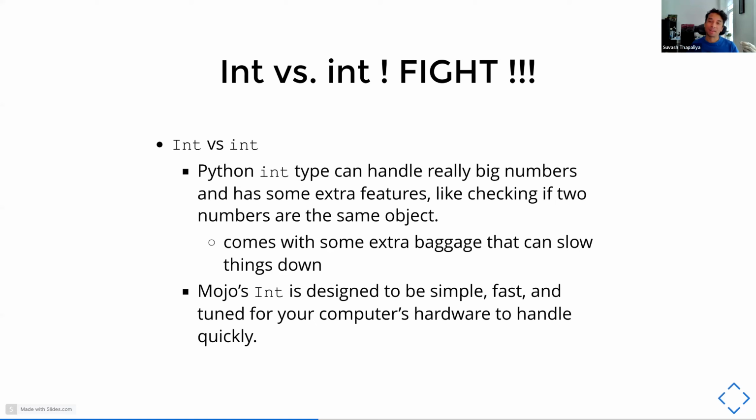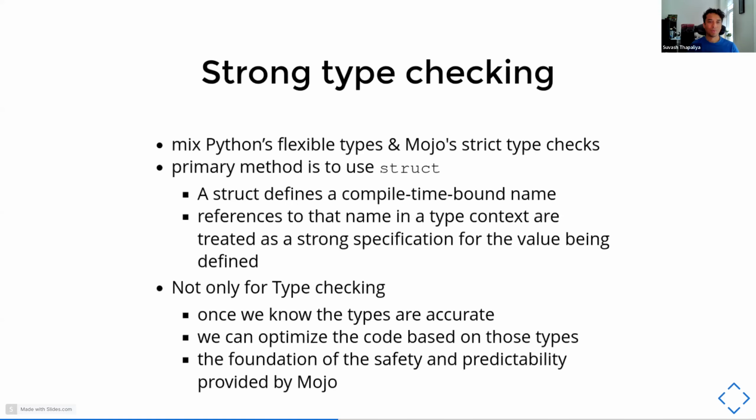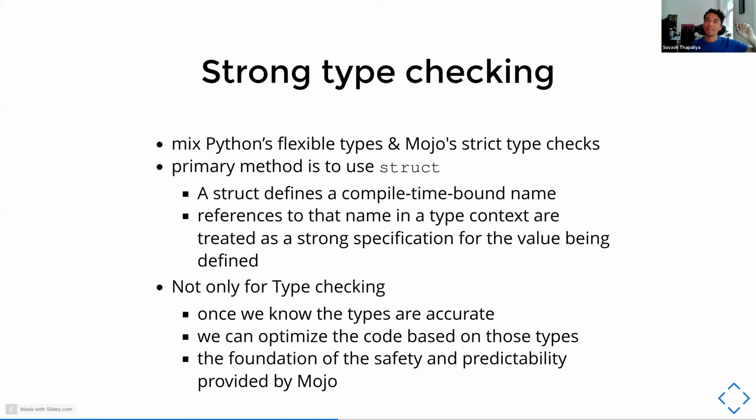But all this comes at a cost. Every time Python is incrementing this, it's checking whether the new value is going to fit in this container. So this comes with extra baggage, and this is what makes things slow. In Mojo, you'll say int is going to be this, and if it goes beyond that, it will just drop whatever increased. That is one example of how things might be different.